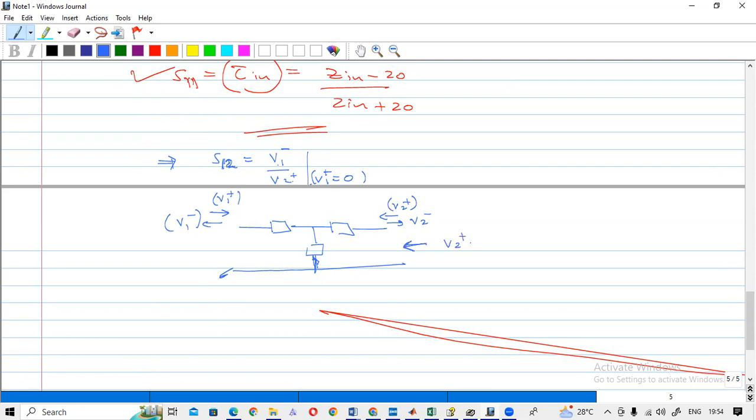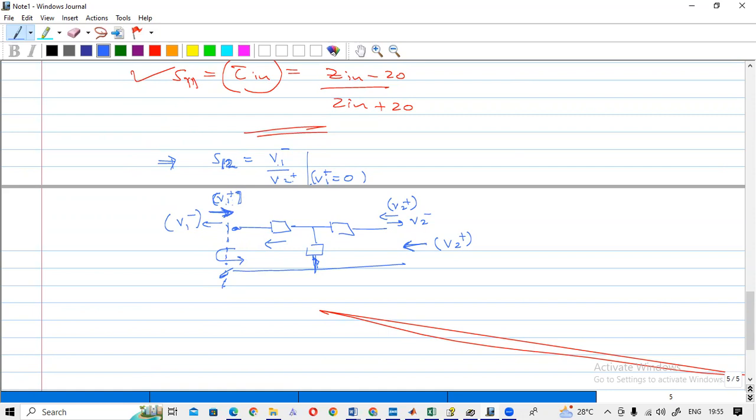This signal is going through, coming to here, and if this load is not matched, what happened? Again, some portion is reflected here. So the reflected value is V1 plus. This time it is a reflected signal, V1 plus.